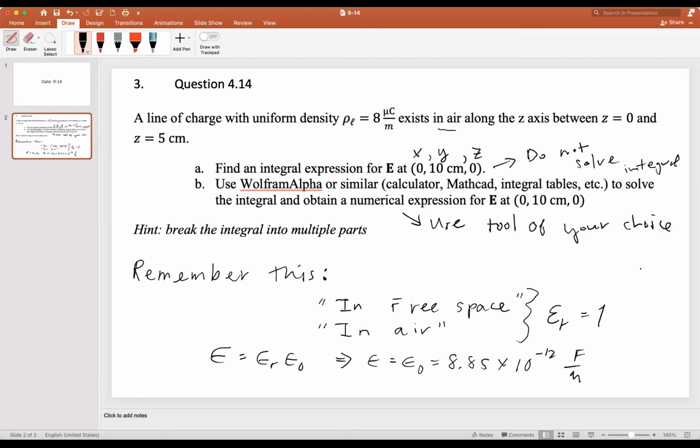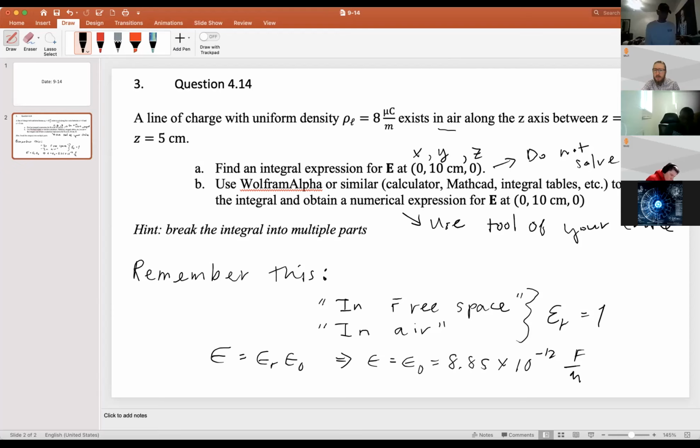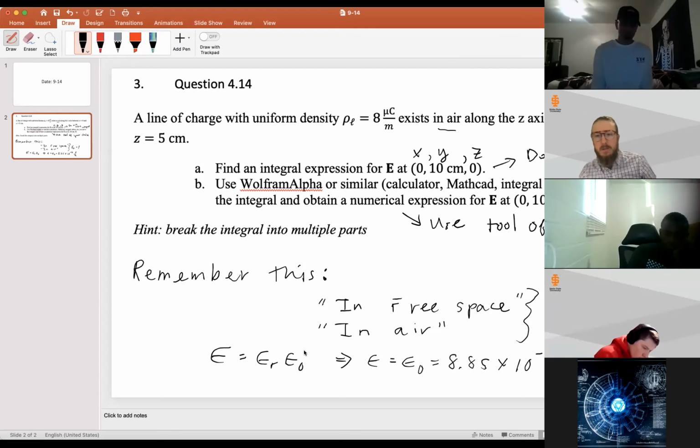To solve. All right, and the reason that I have this broken into two parts is that there's an important thing that I want you all to realize. We've spoken about this just a little bit in the class, but in electromagnetics we have these four Maxwell's equations, and they're very complicated equations.